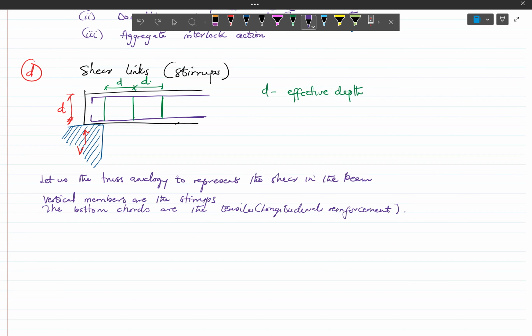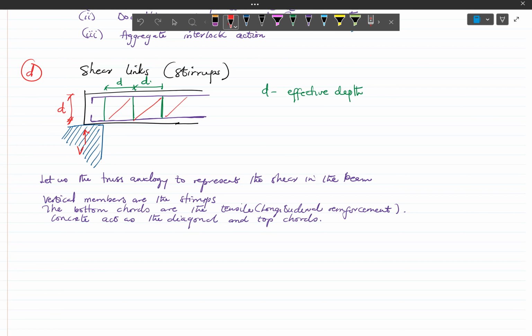Then the concrete itself will act as the diagonal, which I'm here to show, and then the top chord. Okay. So this could be the diagonal in there.